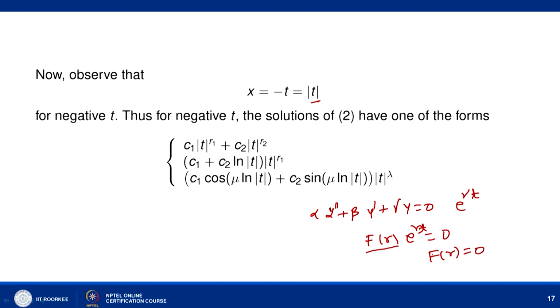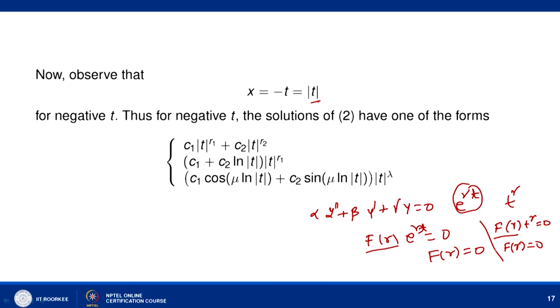The Cauchy-Euler equation has exactly the similar situation. The only thing is that in place of e to the power r t the solution is t to the power r, and when you put t to the power r in, it also comes out to be f of r into t to the power r equal to 0. So t to the power r will be a solution provided that r satisfies f of r equal to 0. This is analogous to the constant coefficient case.